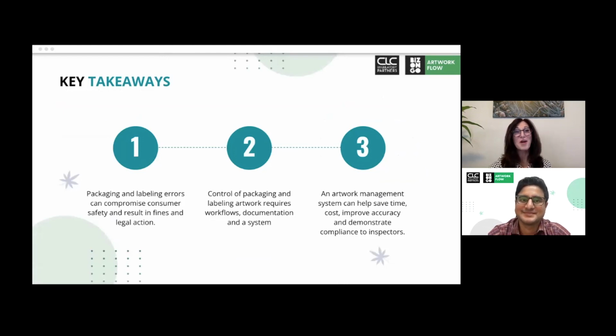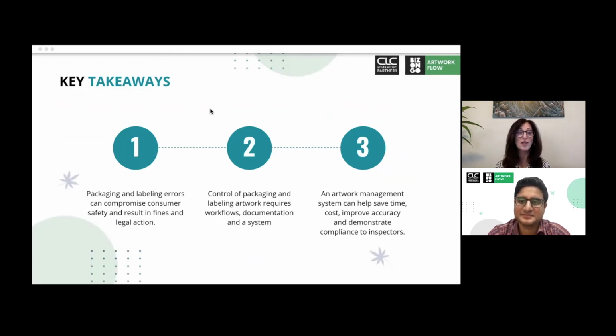Well, first of all, I hope everyone that participated found something useful that they can put into practice. But I think that our messages are: packaging and labeling errors are not good. They can compromise consumer safety.